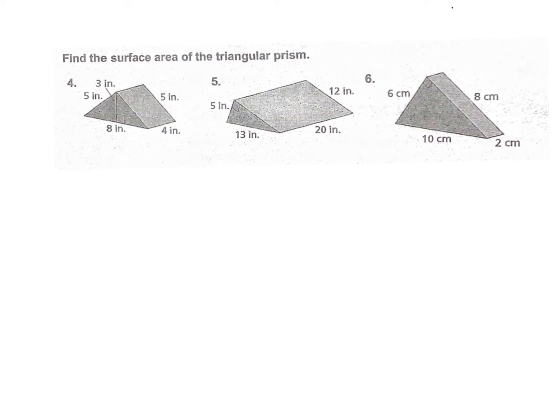All right, I'm going to make a little video on how you do these type of problems, how to find the surface area of a triangular prism. So once you know what a triangular prism is, you know that there are 5 faces. And that's a very important thing.